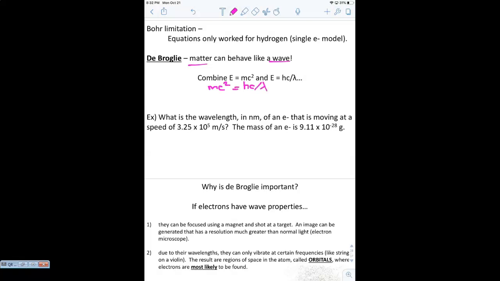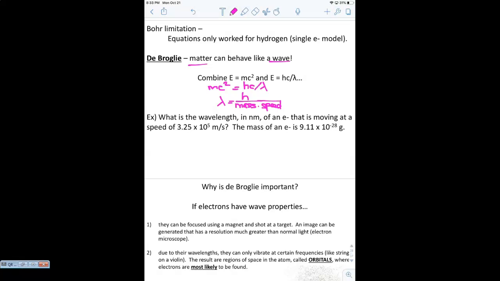Now, typically these problems have us solving for wavelengths, so I'm going to manipulate it so that wavelength is on the outside by itself. So we have Planck's constant over mass times speed. I'm not going to write speed as the letter c.